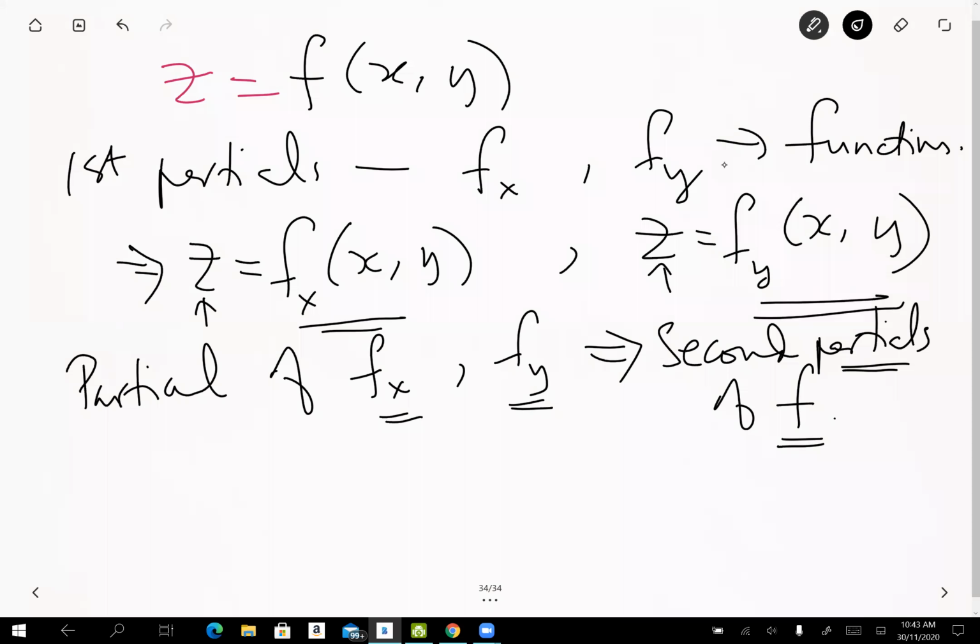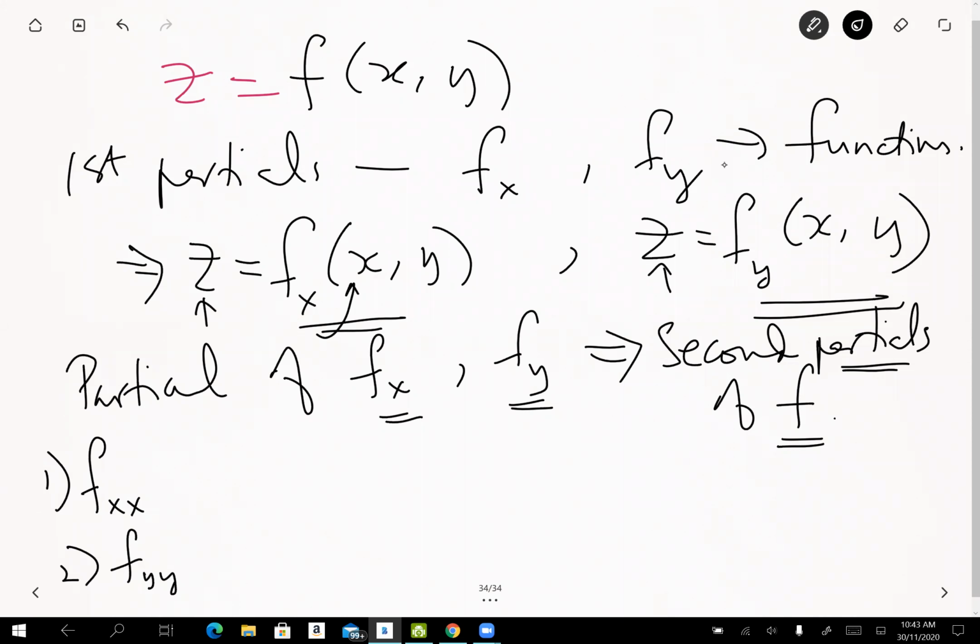So you denote that by the following. Number one, you got fxx. Number two, you got fyy. Fx is a function of x. You take the derivative with respect to x, you got fxx.